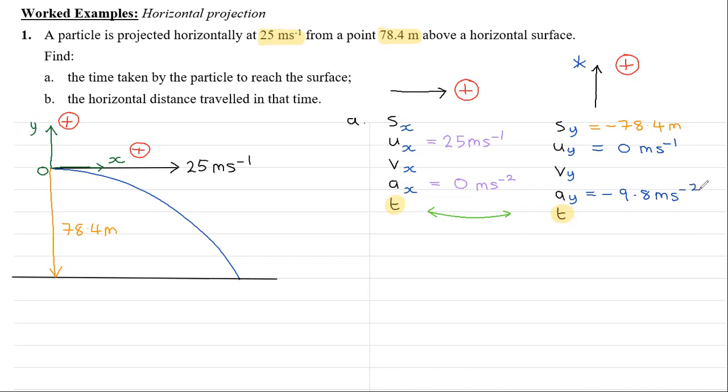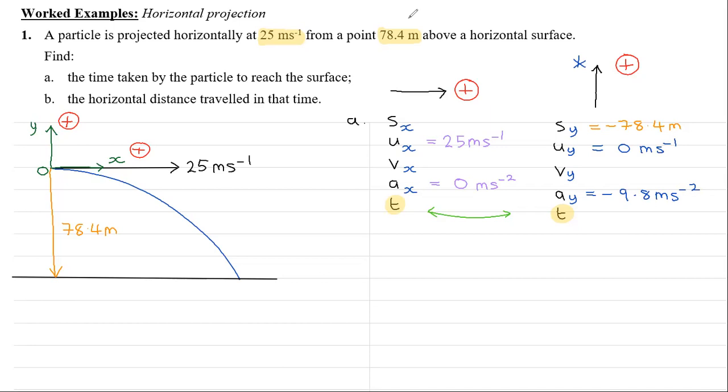So this is good news. We have 3 out of the 5 in the vertical direction. So we can actually figure out either V or T, and let's see what the question asks us to do. Well, we have to find T, don't we?